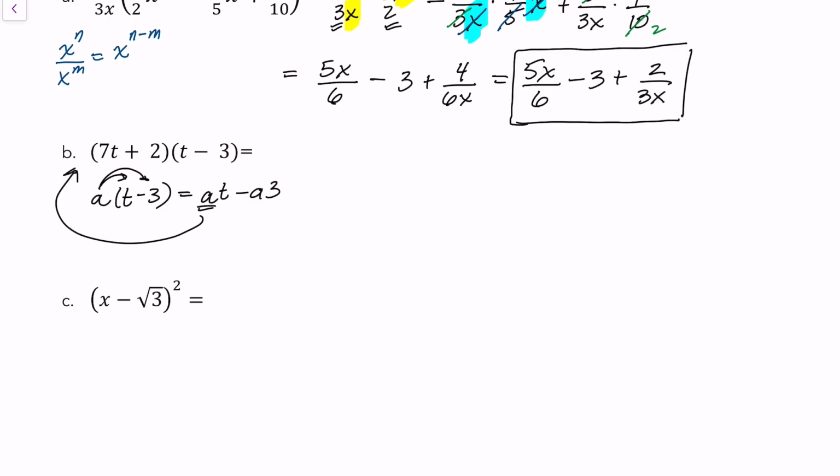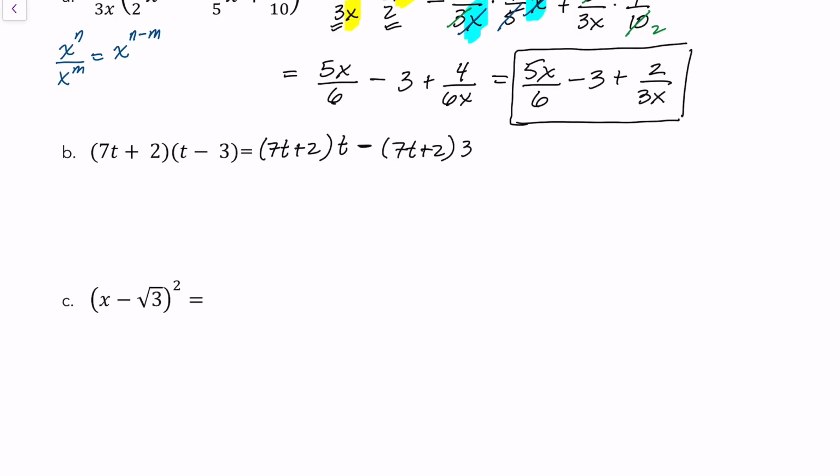So this is going to be our A, but our A is 7t plus 2 times t, which is the first term over here, minus, because we have a minus sign over here, 7t plus 2 times 3, okay?